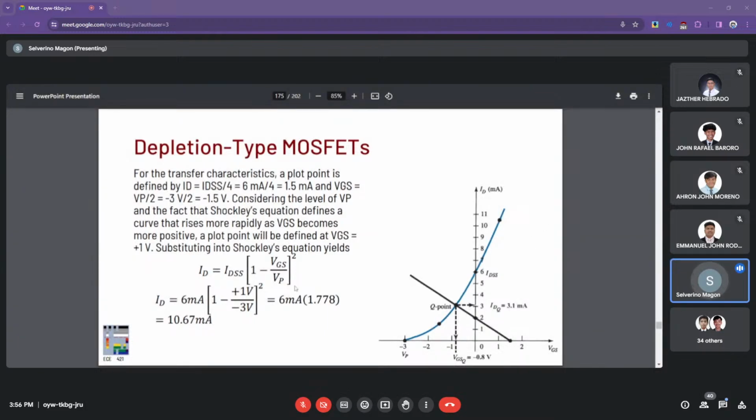So without plotting, just plugging in the values of VGS at these points, now we can see some values of drain currents across different values of VGS.